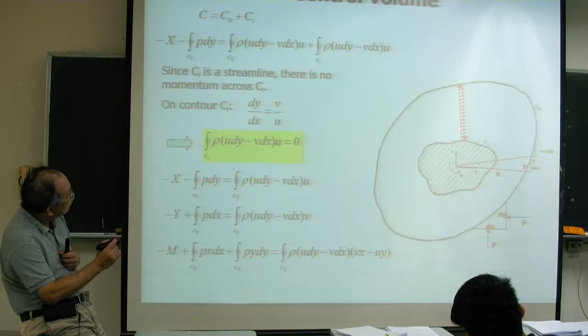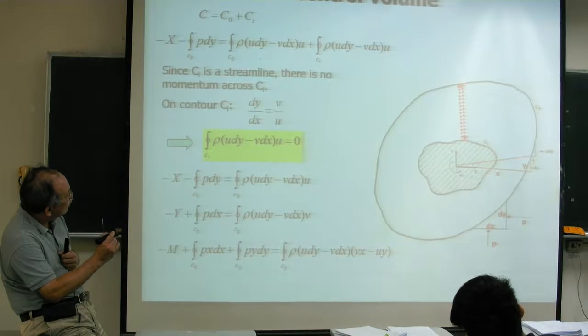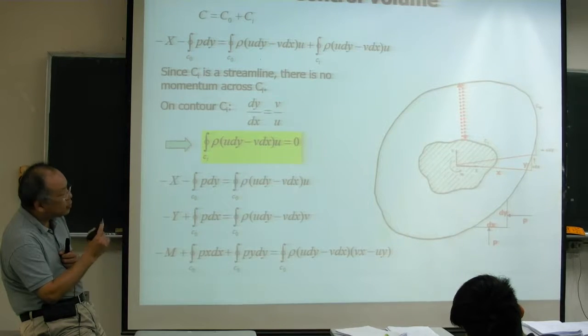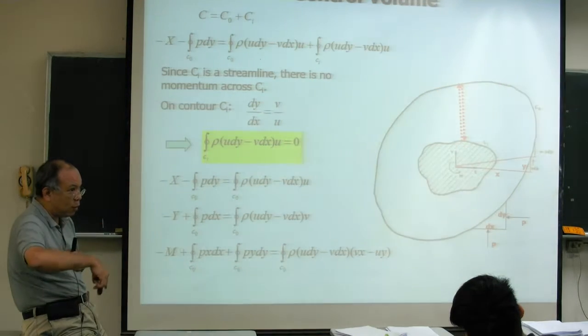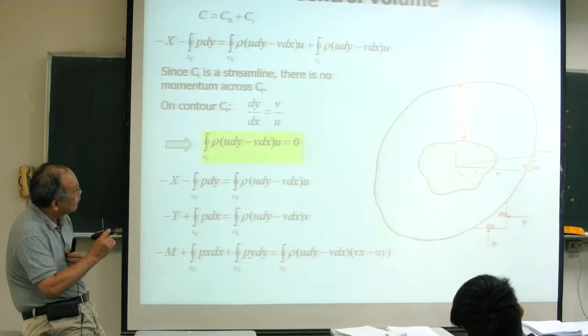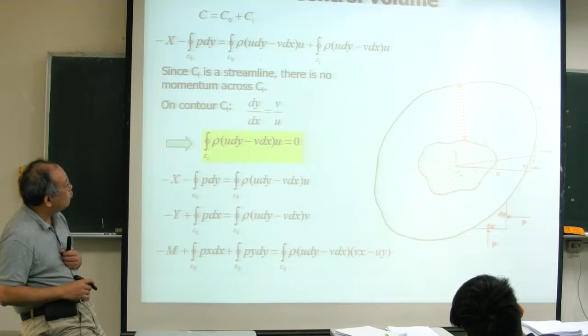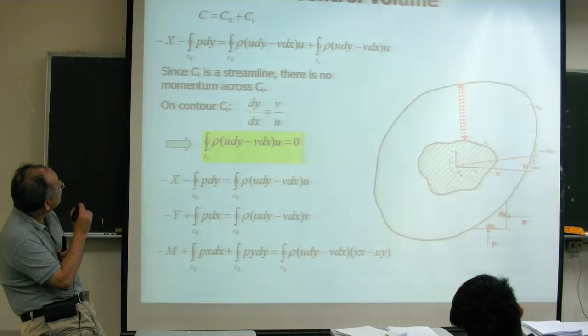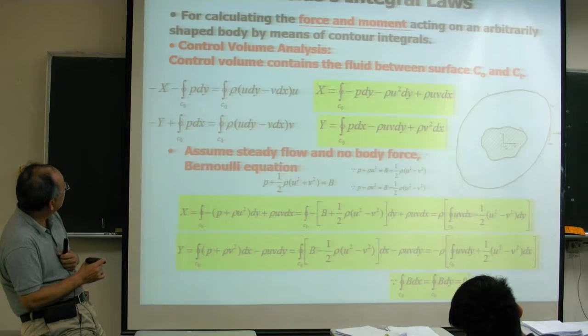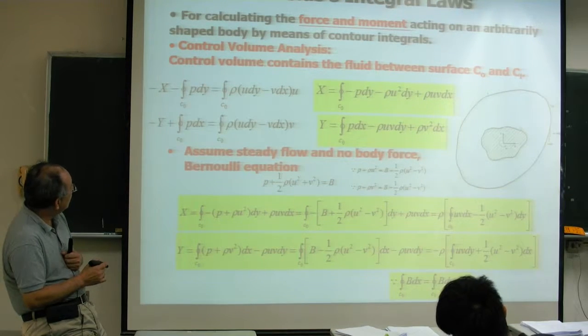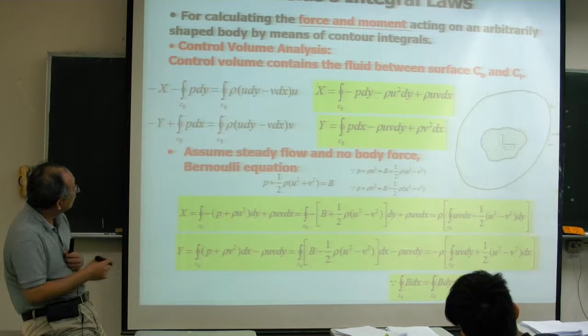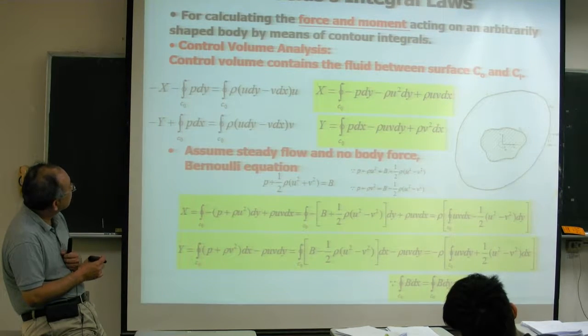Since one contour is in and the other is out, these two contours will be cancelled, because one time is downward and one time is upward. If you take the contour integral, you will find out later.